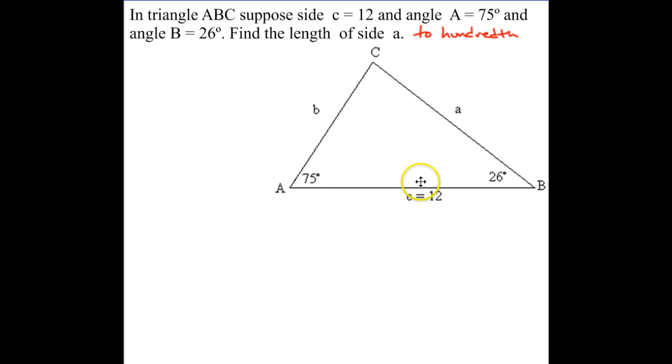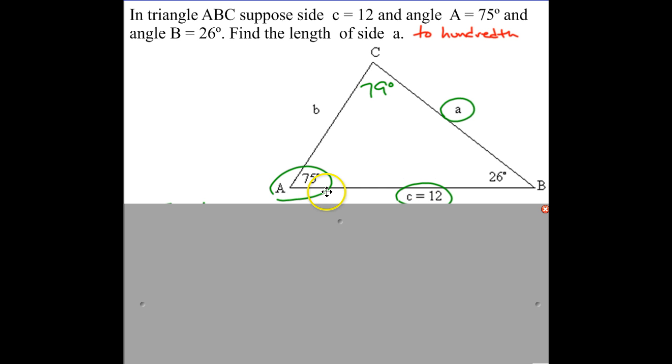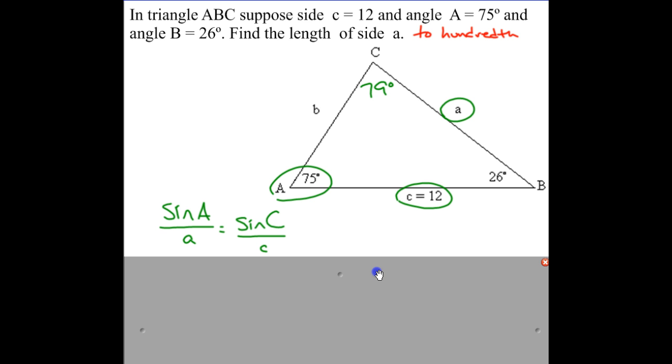Well, we can figure that out. Do some subtracting from 180 and you get that angle C is 79 degrees. Now we've got it. We're going to match up angle C with side C, angle A with side A. So the law of sines version that you're going to use is sine of angle A over A equals sine of angle C over C.